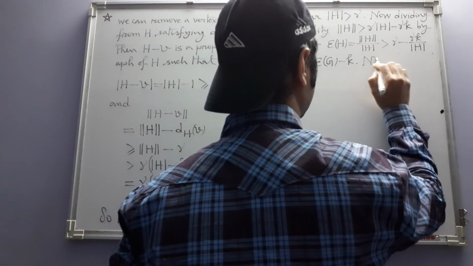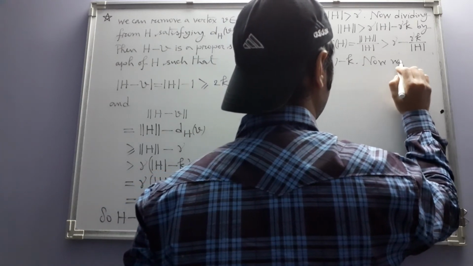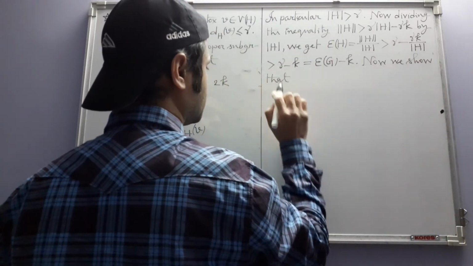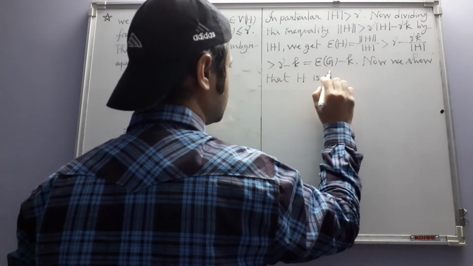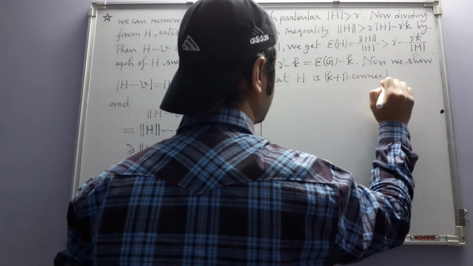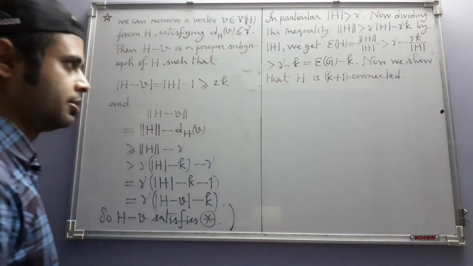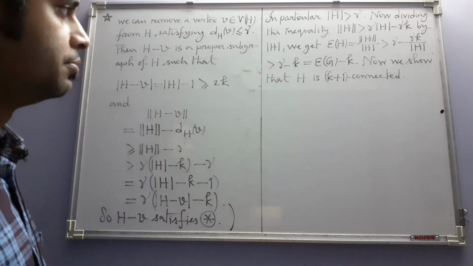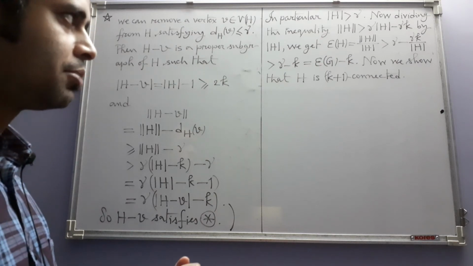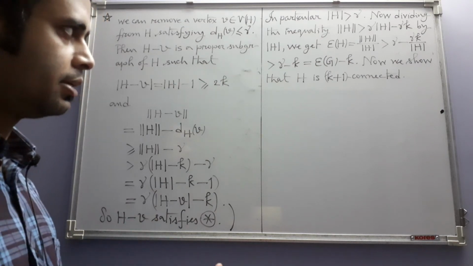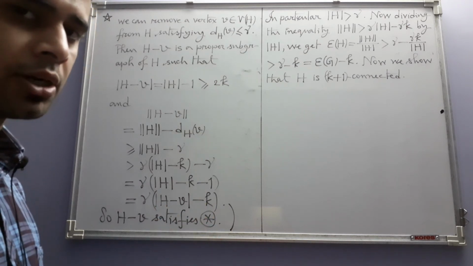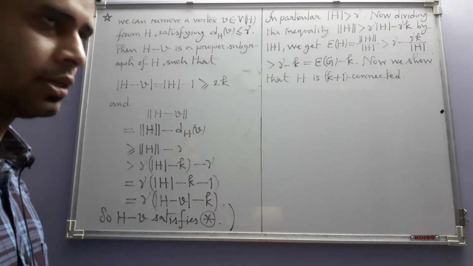Now we show that H is k plus 1 connected. Suppose this is not true. So removal of k or fewer number of vertices disconnects H. I mean H has some k or fewer number of vertices whose removal disconnects H.